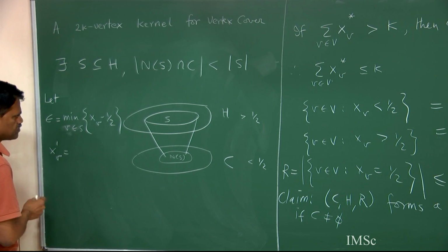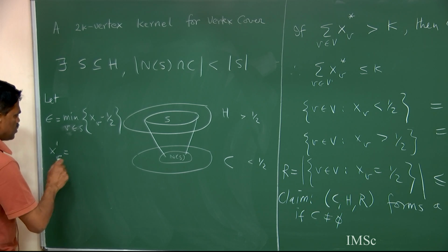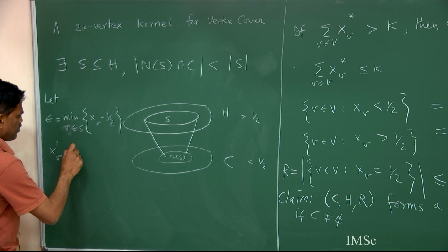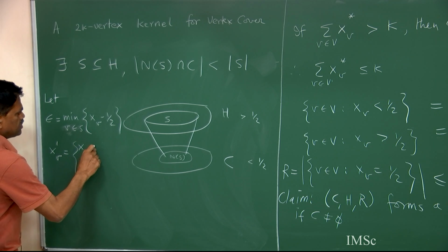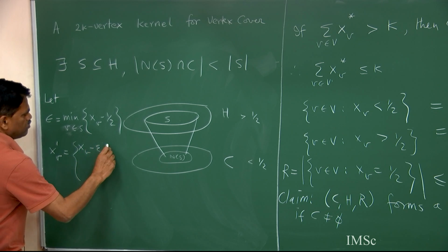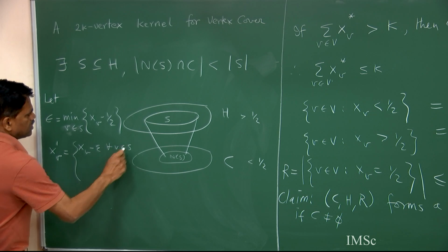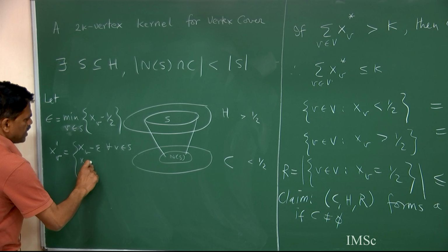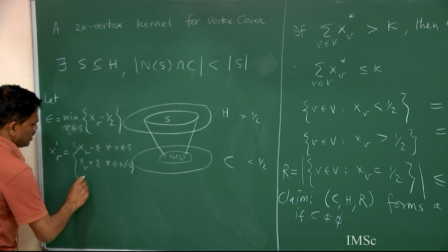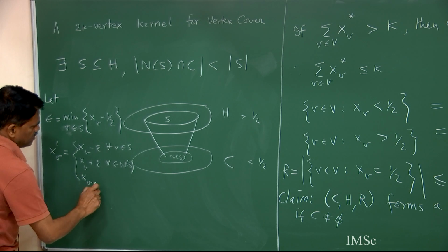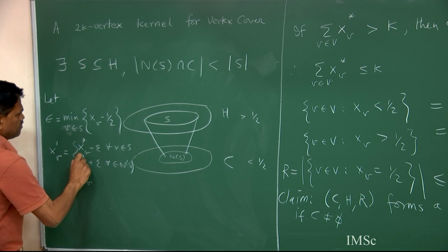which I will show to be less than the optimum solution, the objective value. So now my xv prime would be xv minus epsilon for all v in S, xv plus epsilon for all v in N of S, and xv star otherwise, right?